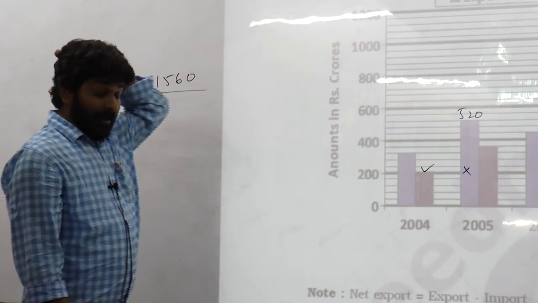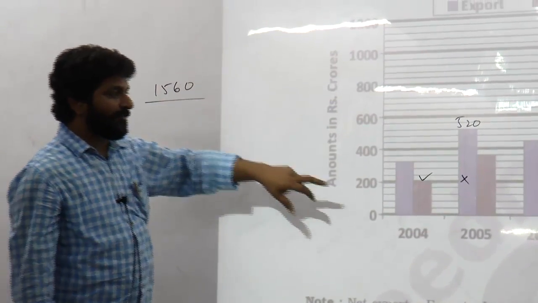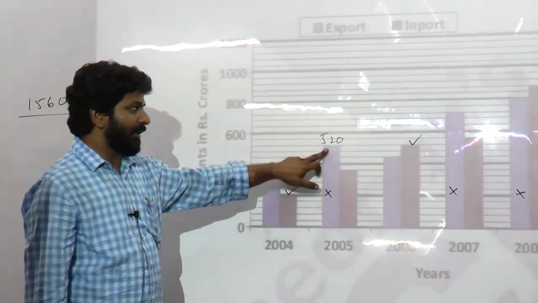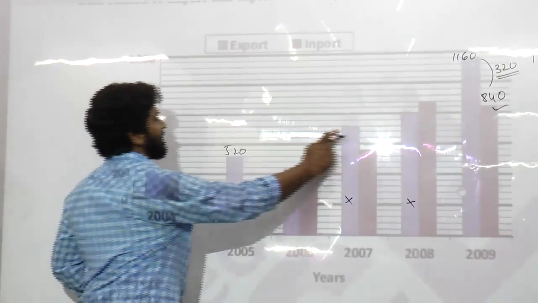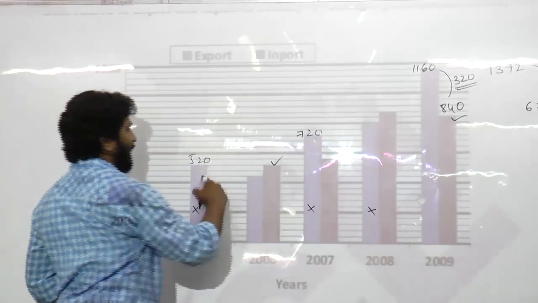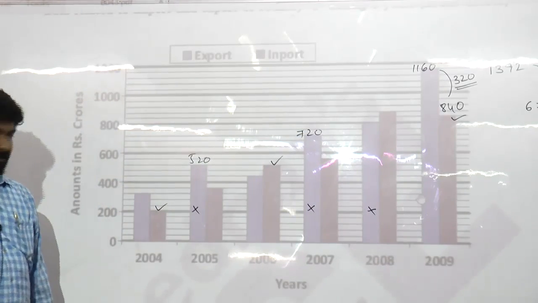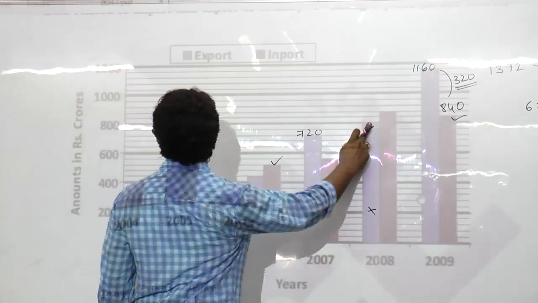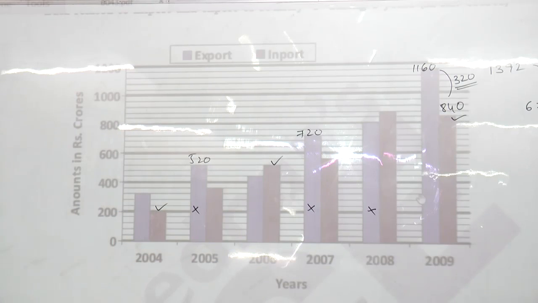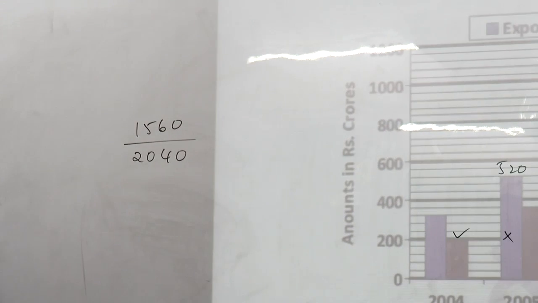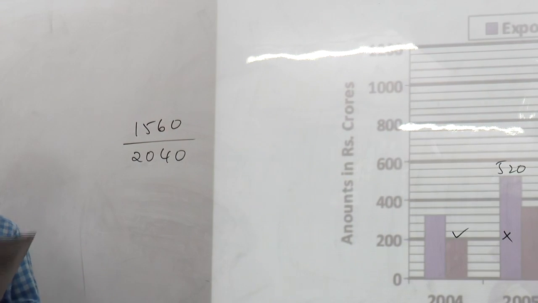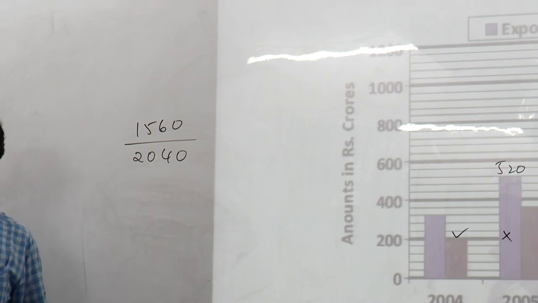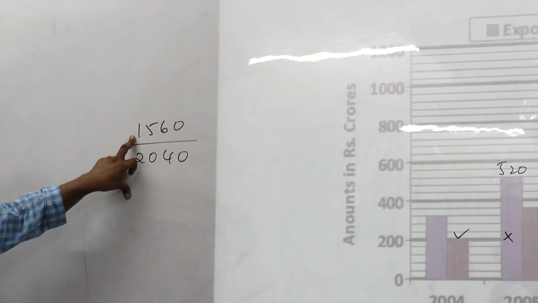And then export in 2005, 7, 8. This is 520 and this is 720. 520, 720, 1240. 1240 and then 800. 2040. Now when you look at your first number in your options, first number says 13. Is this 13 a multiple?